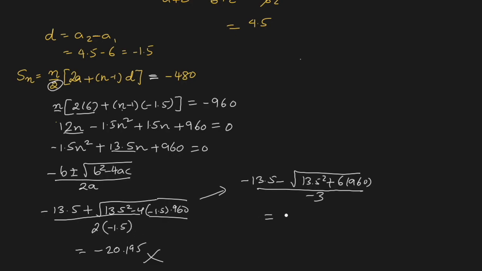And that gives me 30.195. And I told you whatever is the decimal will go to the next one. So n comes out to be 31. 31st term. If I add terms up to 31st, it will be less than minus 480. So that's the final answer in this case.